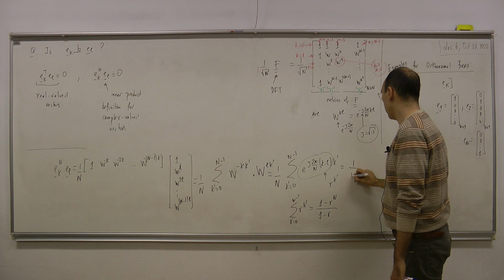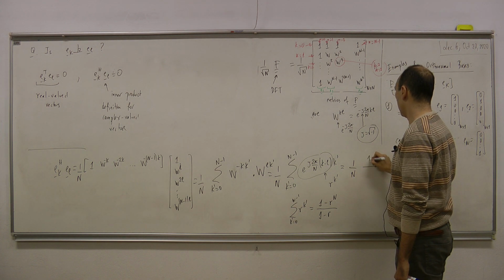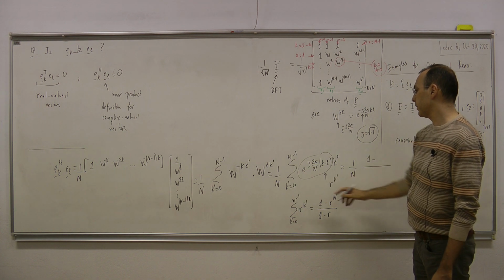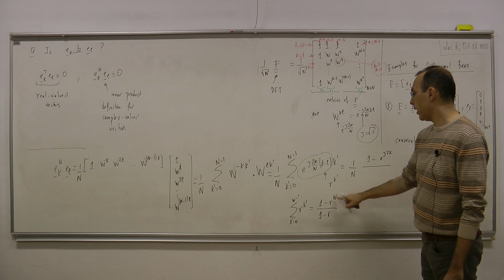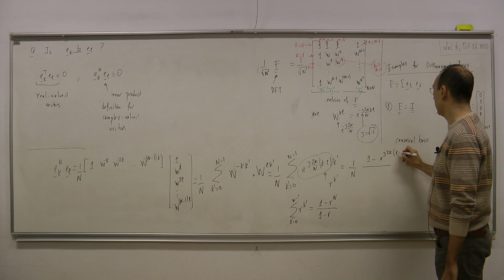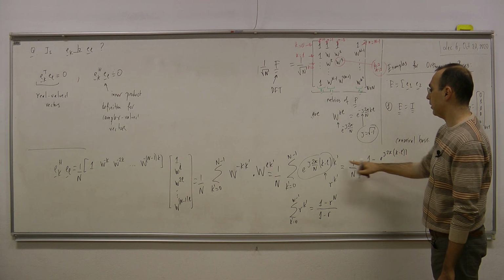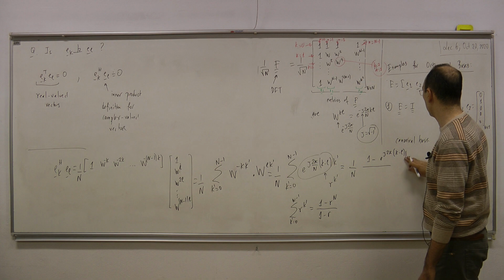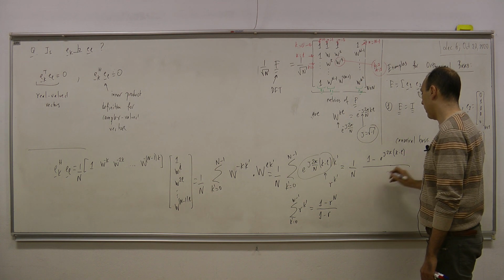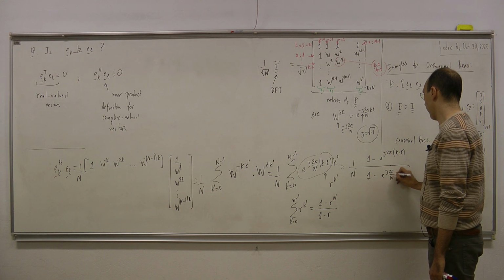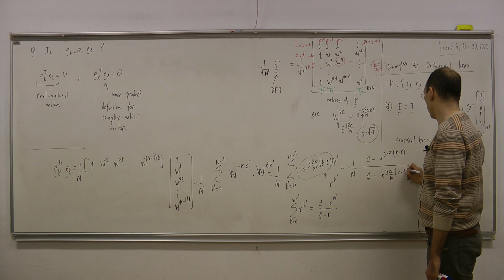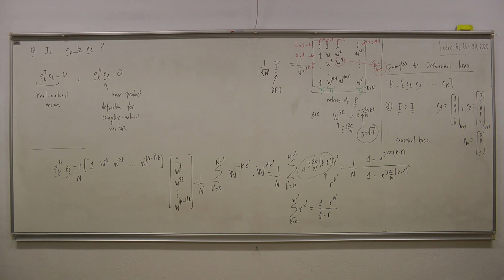So I get 1 over n times 1 minus, so r is this one, e to the j 2 pi. So n and this n cancel, k minus l, and k prime is equal to n over here. So I get this, divided by 1 minus e to the j 2 pi over n times k minus l.